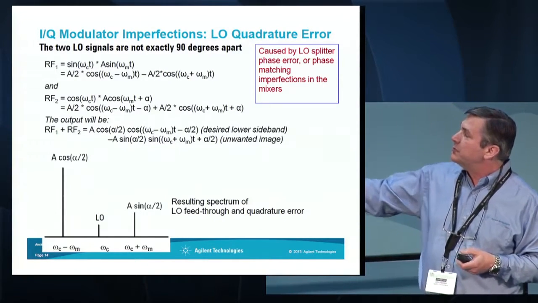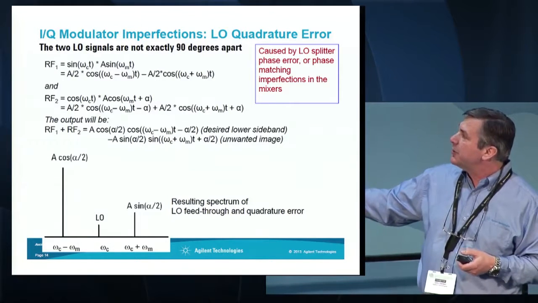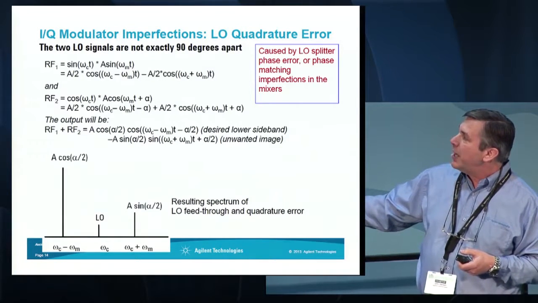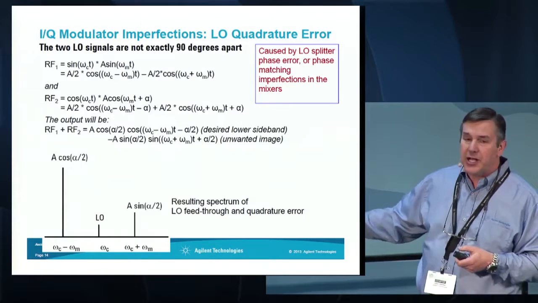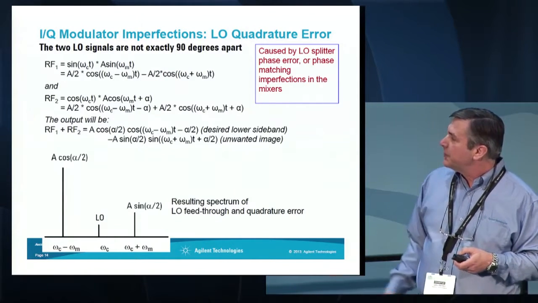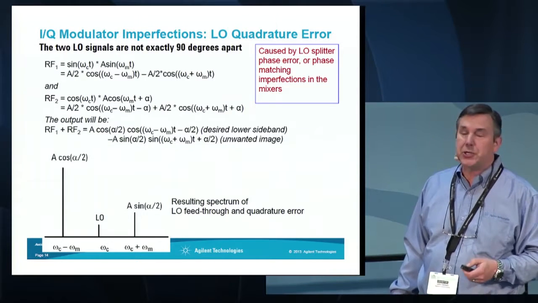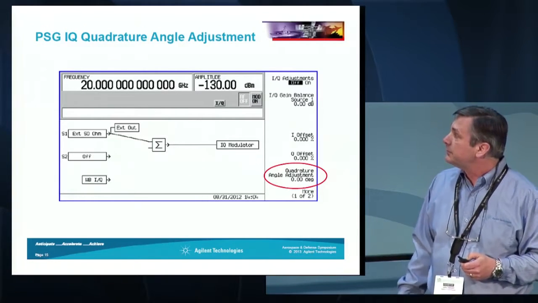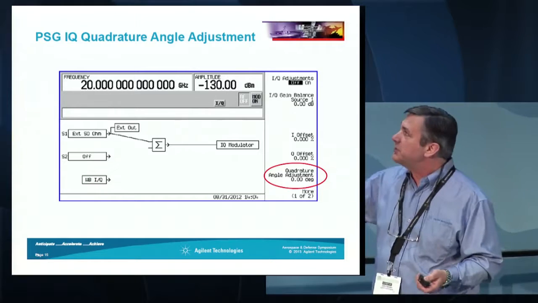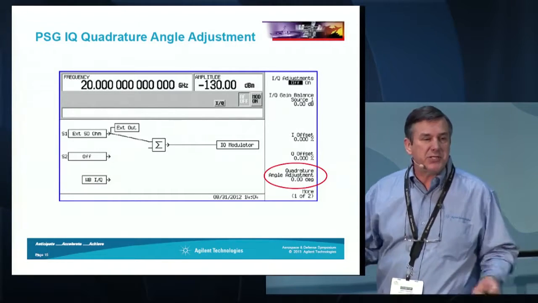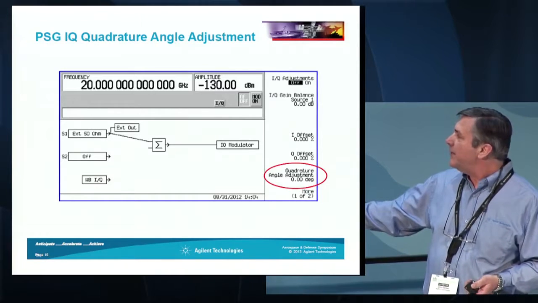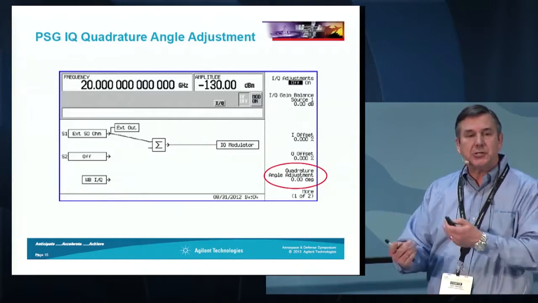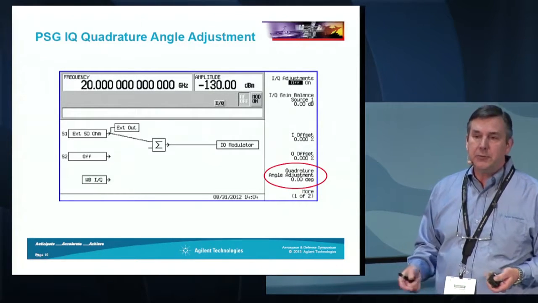I won't go through the trigonometry here, it's pretty straightforward, but as you have an error term here in your phase, you develop an unwanted image out here due to your quadrature error. And of course, once again, this is a PSG, but this applies to any modern signal generator. You do have that adjustment to adjust the IQ quadrature within your signal generator.